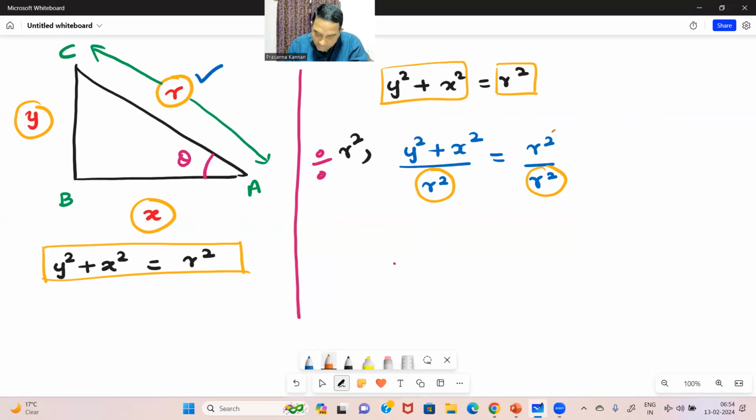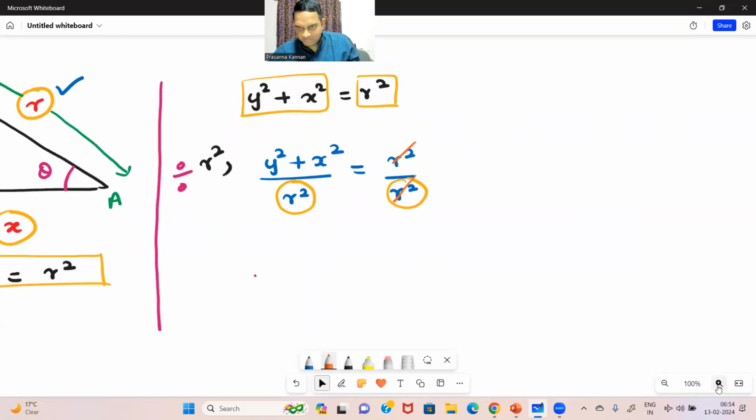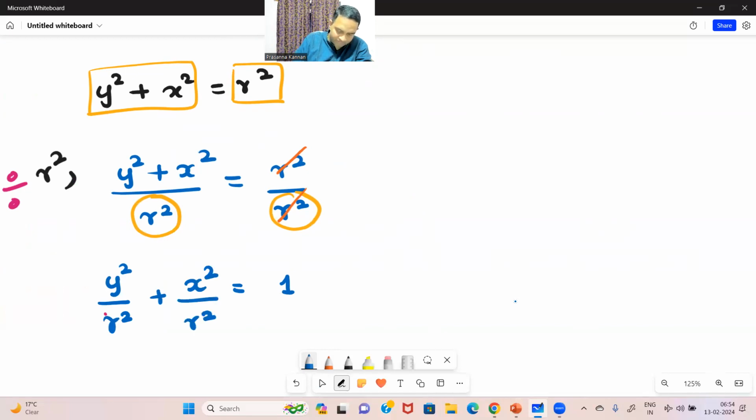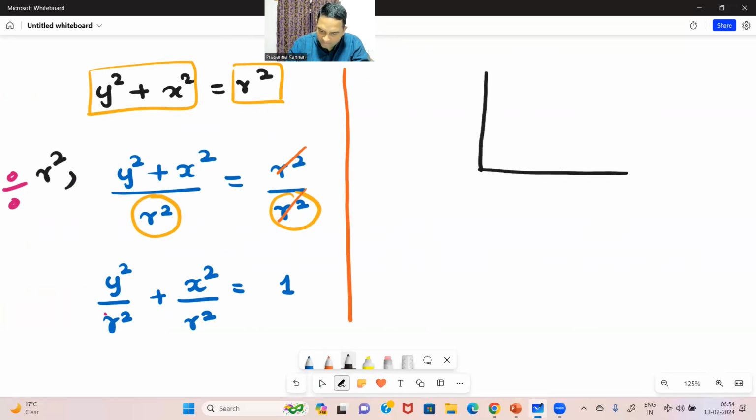Now what will happen to r square and r square? They cancel. So r square by r square is equal to 1. This I can split as y square divided by r square plus x square divided by r square. Any doubts so far? Okay. Now I'm redrawing the triangle again.